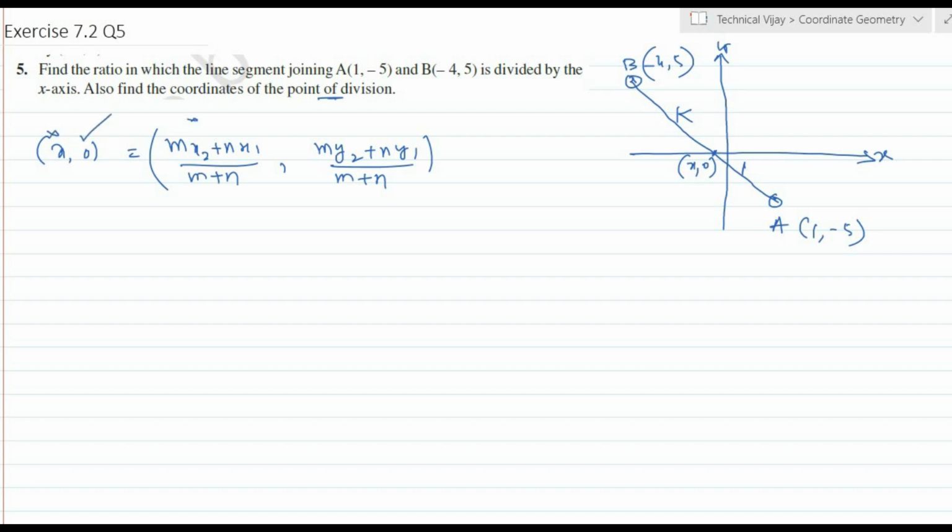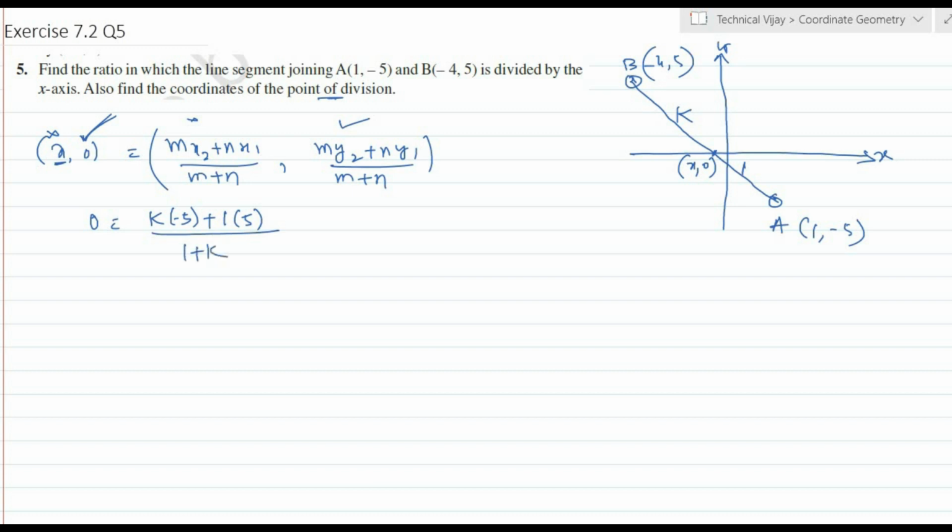So we will consider (m y2 + n y1)/(m + n) equal to 0, because we don't know the x value. So 0 is equal to, we will take m means k into y2 means this -5, plus n means 1 into y1 means 5, divided by m + n means 1 + k.